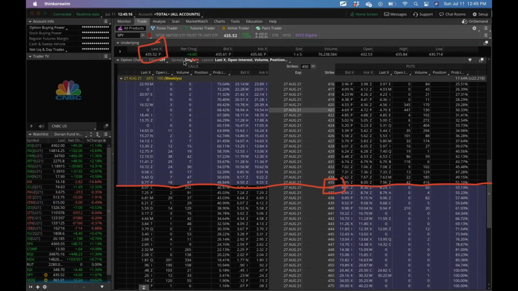And then once again, this is the call side. This is the put side. So this shaded area here is the in the money area on the call side. And then this is the out of the money area on the call side. And then it's the opposite once again on the put side. All right, so it's pretty much the same. If you understand one option chain, you should understand them all.